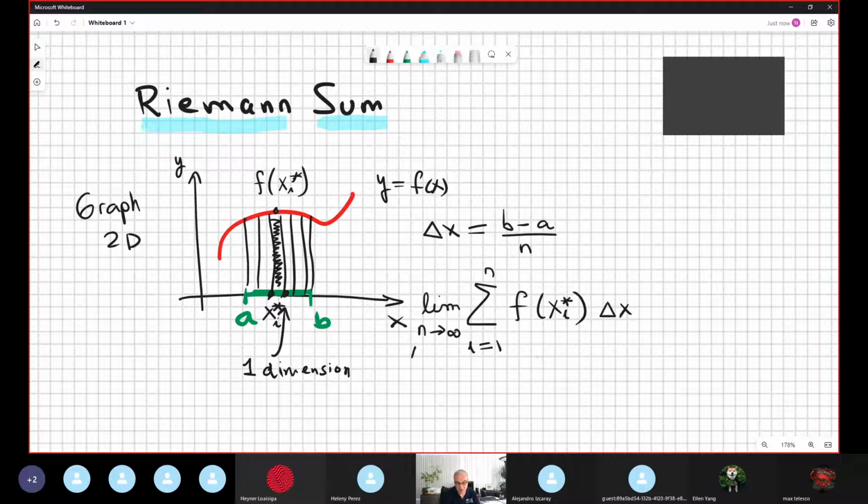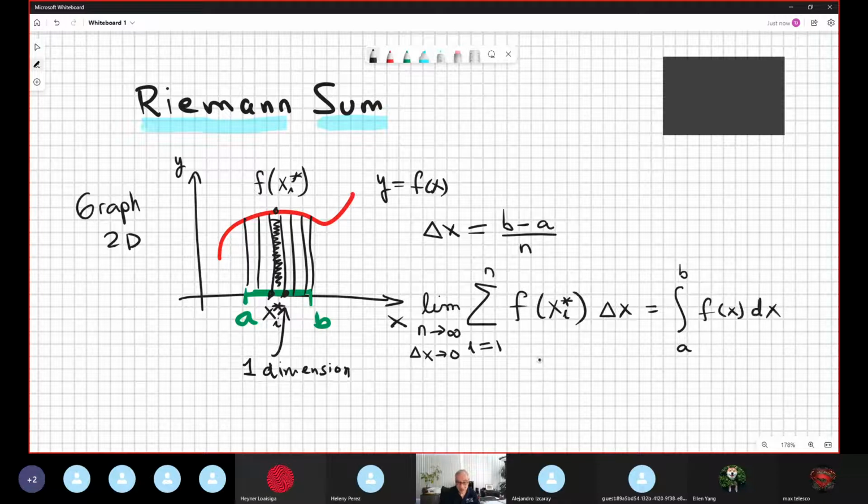It doesn't matter; some books put it this way, some that way. This converges to, well, this is the definition, the integral from a to b of the function dx.